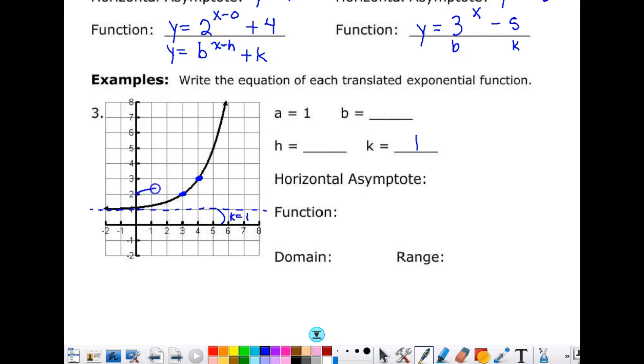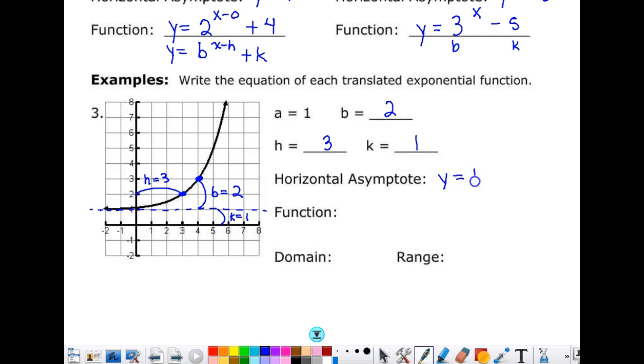Our H is how much? 3, good. And then the B is 2. So let's go fill these in. B is 2, H is 3. Now, in a minute, our H will become a liar, but it's not a liar yet. Down here, when we put it in the equation, it will be. Our horizontal asymptote is always easy.